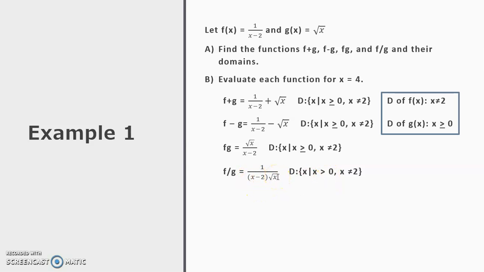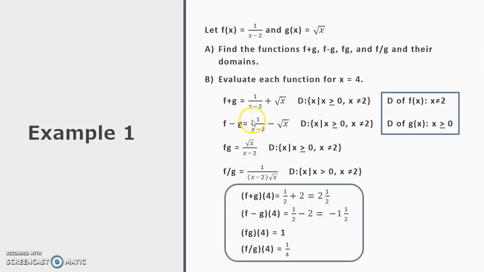Now the last thing we need to do is evaluate each of these for x equals 4. So you're just going to take a 4, put it in for all the x's you see, and do the calculations. So pause the video, do that, and then press play to check your answers. Okay, so in the first one, I have 1 over 4 minus 2, which is 1/2, plus the square root of 4, and I add them together and I get 2.5.